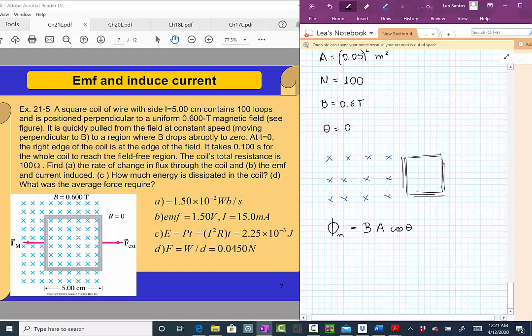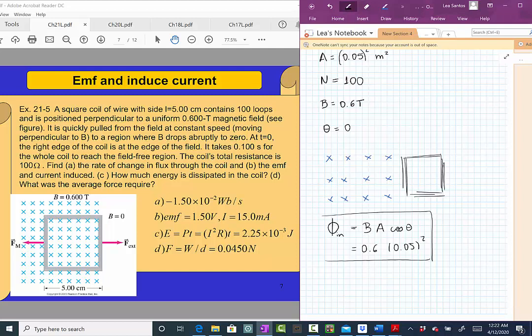So this is our initial magnetic flux. We have the magnetic field, so I can put it here, 0.6. We have the area, 0.05 squared. The angle is 0, so cosine of 0 is 1. So this is our initial magnetic flux, when we are in the scenario of the figure from the slide.